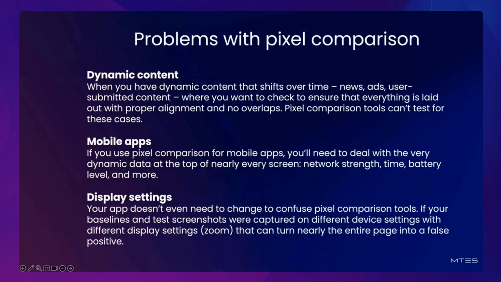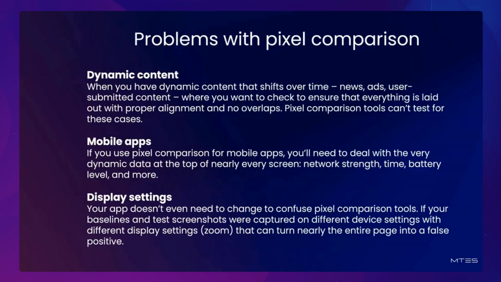So when we see this approach taken with open source tools or other solutions, pixel comparison fails in handling these three critical areas. First and foremost, dynamic content. When you have dynamic content inside of your native mobile app that shifts over time, think of things like news, ads, user-submitted content, recommendations for purchases for products that I may be interested in or on sale, where you want to check to ensure that everything is laid out with the proper alignment and there are no overlaps.